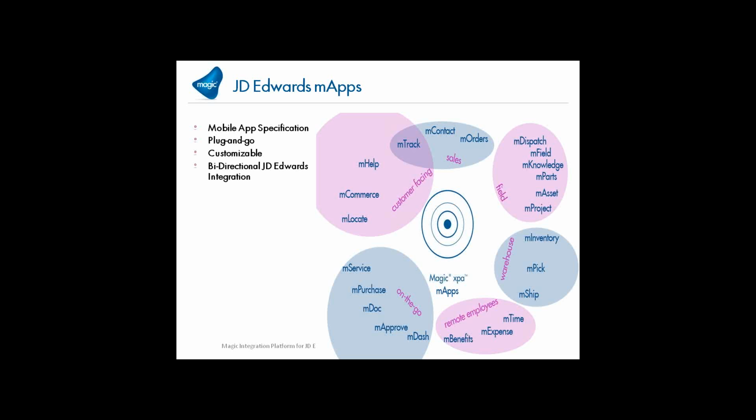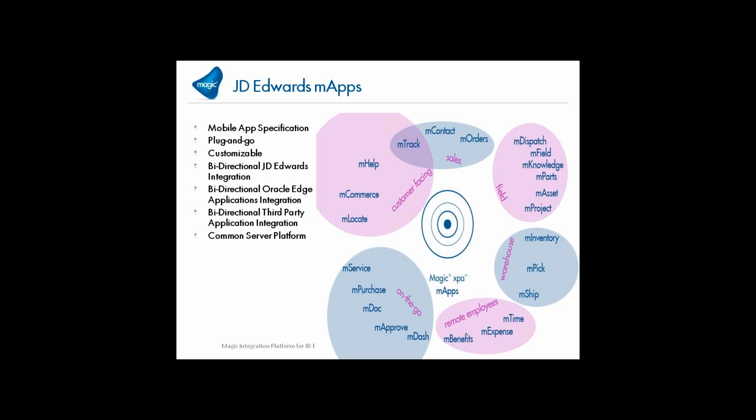There's a plug-and-go approach with Magic XPA, which is fully customizable, allows you to do the JD Edwards integration in a bidirectional manner. Also integrate to your Oracle Edge applications. Maybe you have Agile PLM, maybe you're using PeopleSoft for HR, or other Oracle applications like Primavera, and so on.